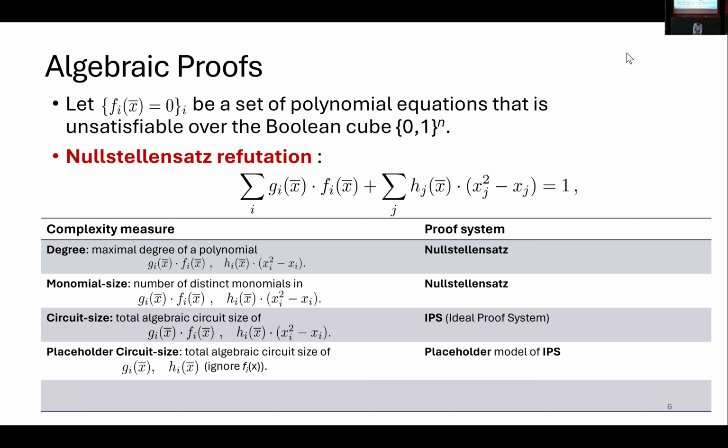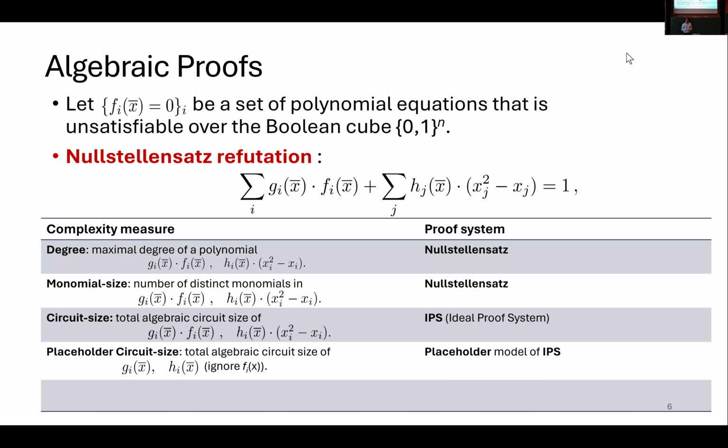Now, this is another model for size, which is interesting. It's what we call the placeholder circuit size, and it is the following. I just consider the size of Gi and Hi. I ignore the axioms Fi. So Fi, the axiom, can be very big.